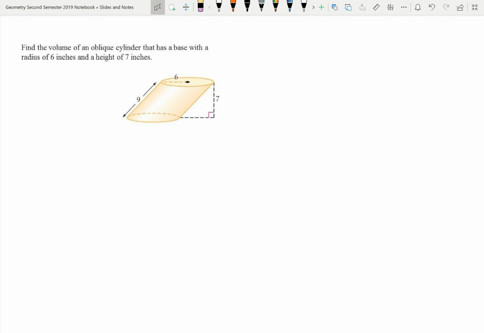Okay. Next, find the volume of an oblique cylinder that has a base with a radius of 6 inches and the height is 7 inches, right? So notice the height is not 9. The height is outside here at 7. So the area of the base is pi times 6 squared, which is 36 pi. The height is 7.